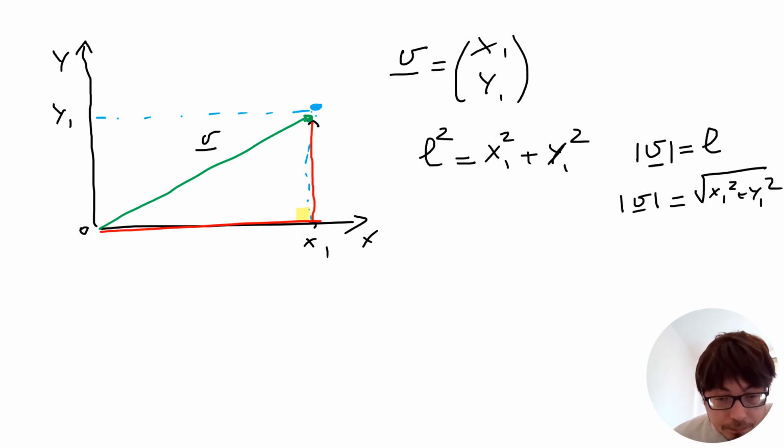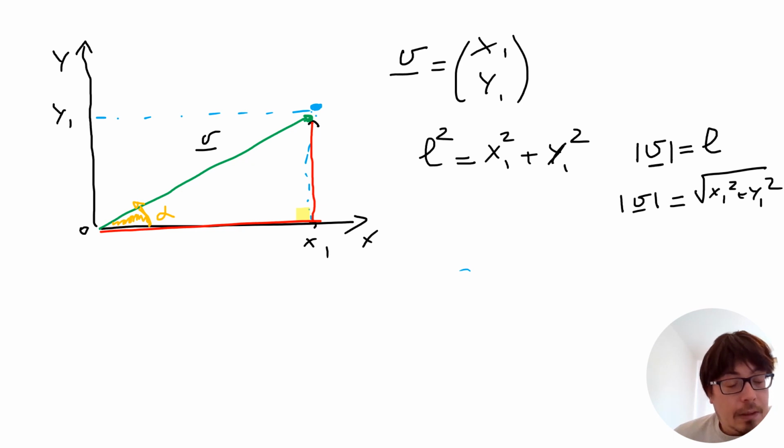And the other thing that we want to address is the direction. How do I address the direction? So let's pick this angle here, and let's call this alpha. And we know that this vector can be associated to an angle.